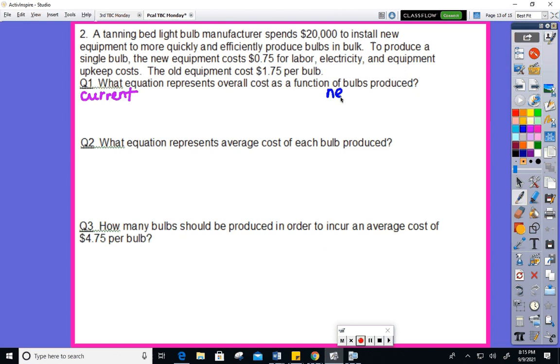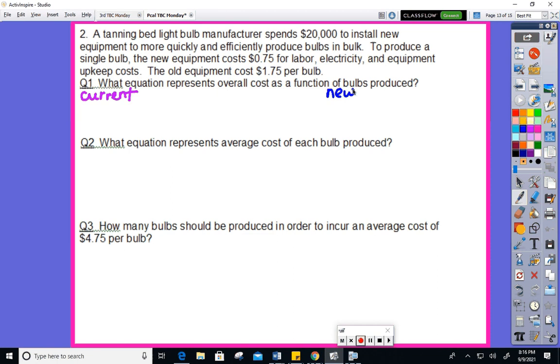Because if you decide to replace old equipment with new equipment, you need to be real aware of what your average costs are, and what you expect your volume of business to be, before you jump into something. So it says that we could spend $20,000 to get brand new equipment that more efficiently will produce our light bulbs that we're selling to tanning bed salons.